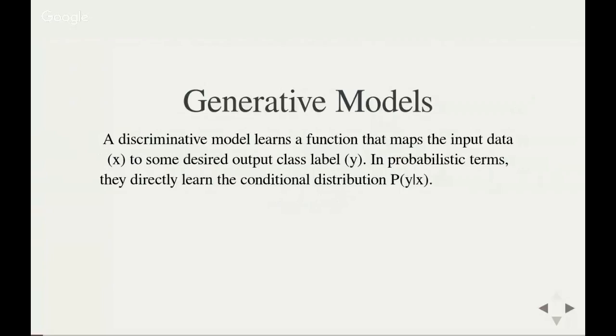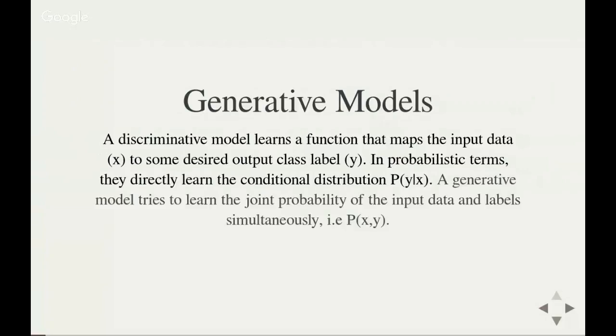Commonly, these discriminative models are applied to classification tasks. Rather than being given some input and trying to predict the output, what we want to do is learn the joint probability of the input data and labels simultaneously. This means that we have not only the capability to generate a label for a given input, but we have the ability to generate the inputs themselves, essentially. Data which comes from the distribution of the input samples that we're looking at.